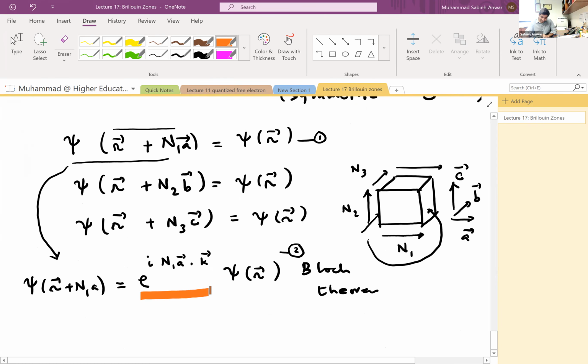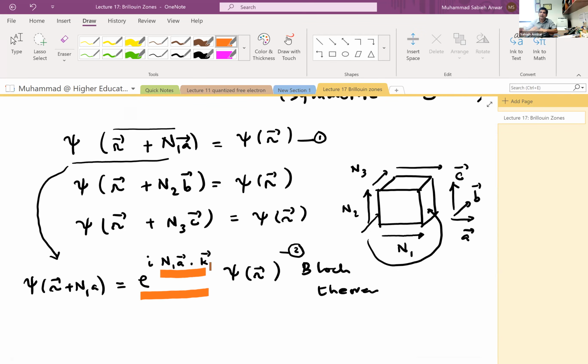Likewise, I can immediately tell that n2b dot k and n3c dot k, all of these exponentials have to be equal to 1, which means that this expression has to be equal to 2 pi times some integer. So this means that my k vectors have to pick up certain values.